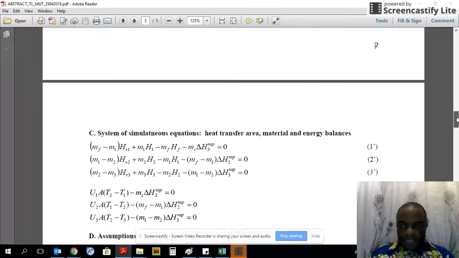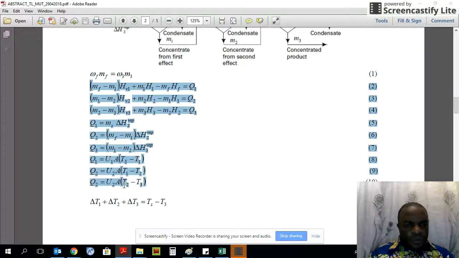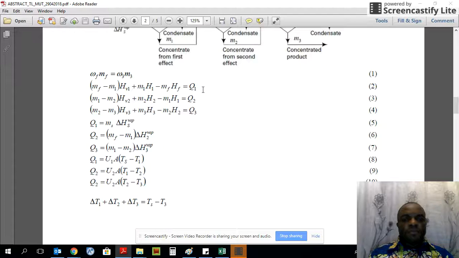These equations actually are a combination of equations 2 up to 10. I equate Q1 as found using this equation to the same Q1 obtained using another equation.